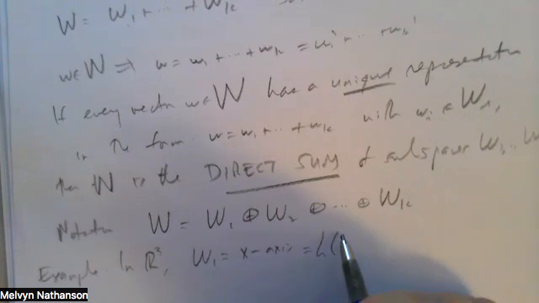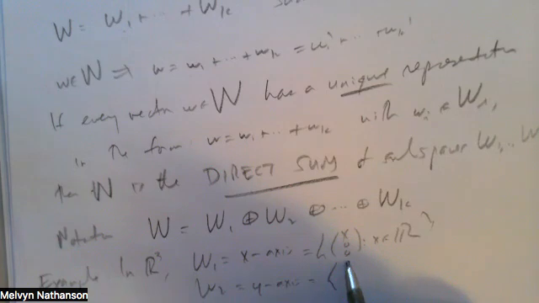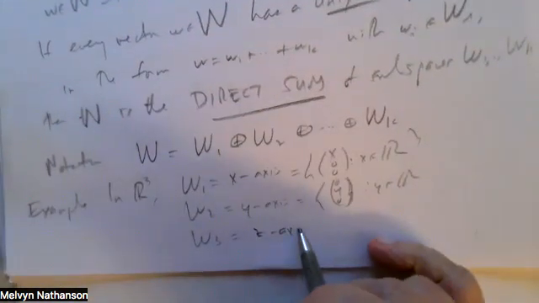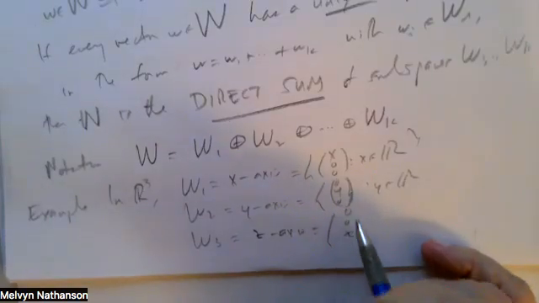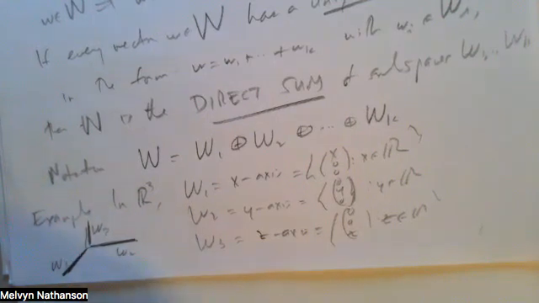That's the set of all vectors x, 0, 0, x in R. W2, the y-axis, which is all vectors 0, y, 0, y in R. And W3 be the z-axis, with all vectors 0, 0, z, z in R. So in R3, this would be W1, this would be W2, that would be W3, and R3 is the direct sum of these three subspaces.